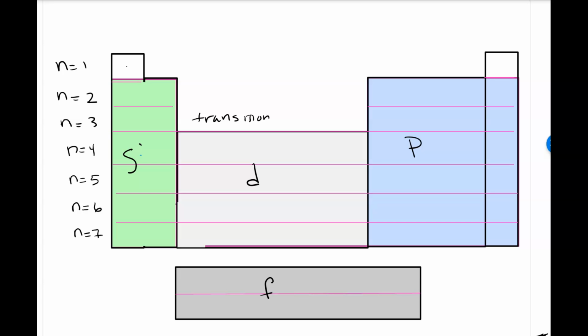Now the important thing to remember is that in the transition metals, we fill the energy level associated with n-1. I'm going to show you what that means a little bit more in a minute. And then in the F block, we fill F orbitals associated with n-2.